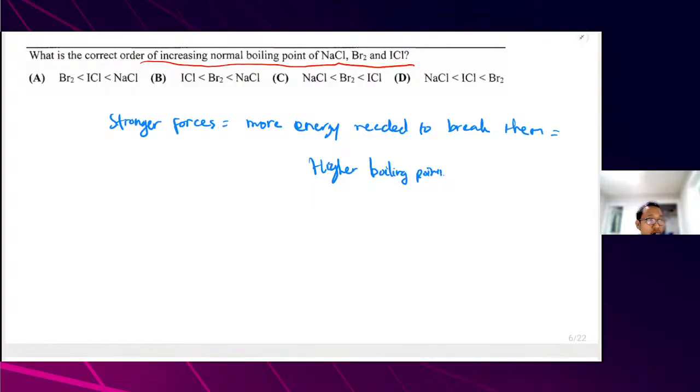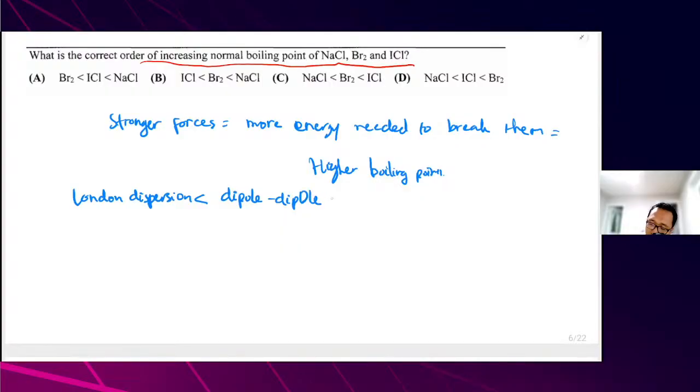Now let's take a look at the options one by one. We also have the concepts: London dispersion has less effect than the dipole.